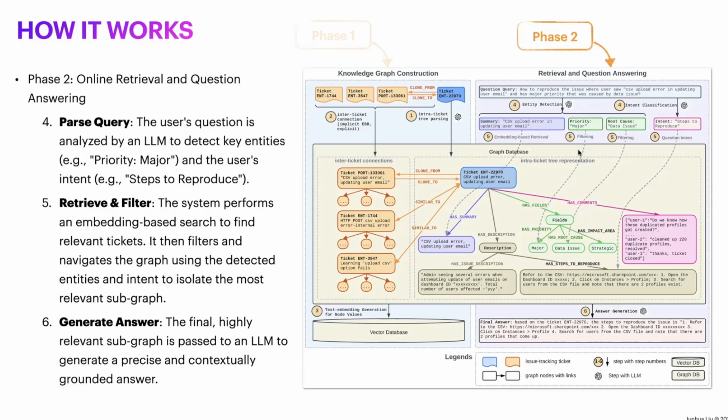Then based on this, it will perform a search on the knowledge graph, where it will try to retrieve the tickets that possess similar attributes to all this information. Let's say there's a ticket that has a very similar summary and has the same priority, same cause, and same intent. It will then retrieve that particular ticket. And of course, it can be more than one ticket.